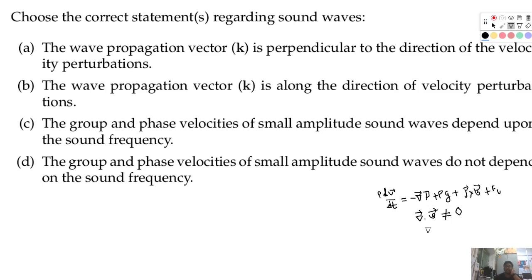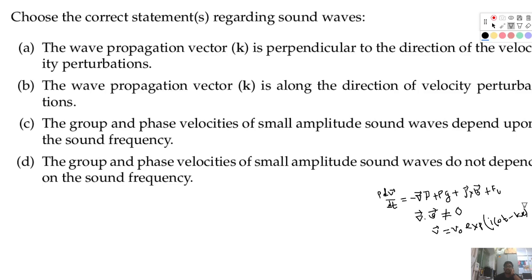That means V is given by some amplitude V0 times exponential of i(omega t minus kx), right?